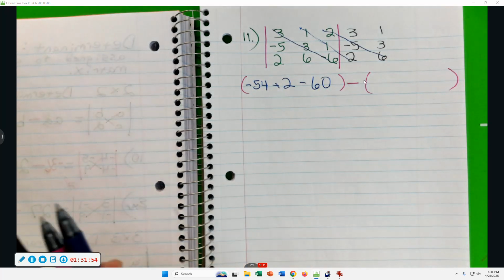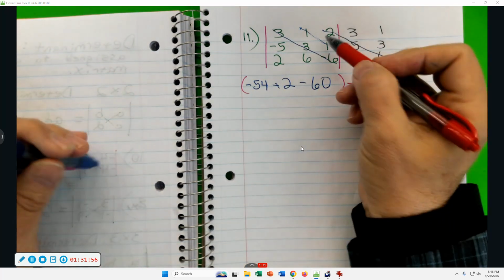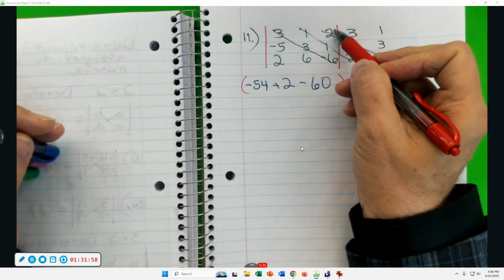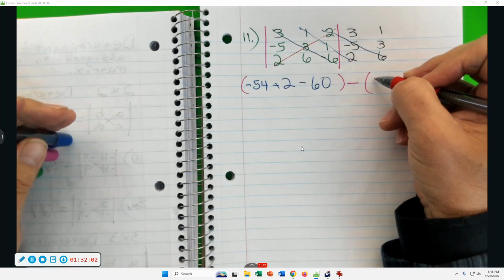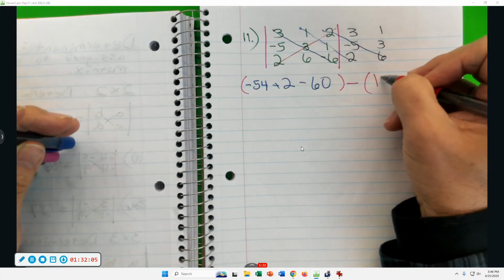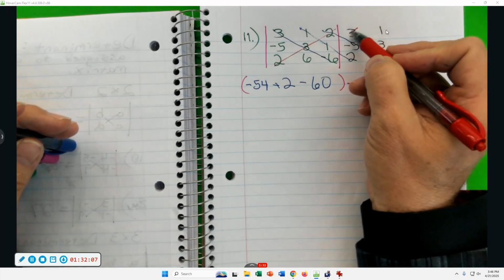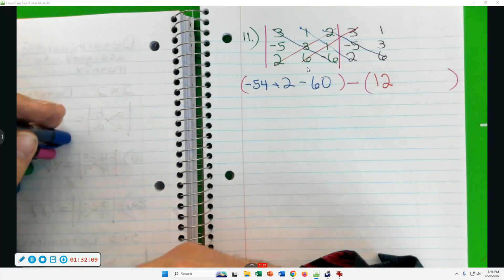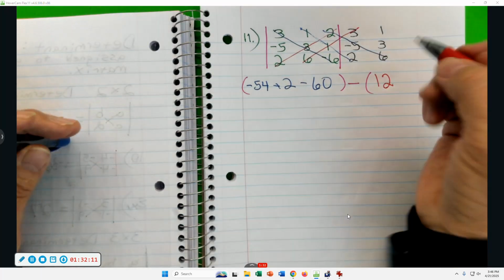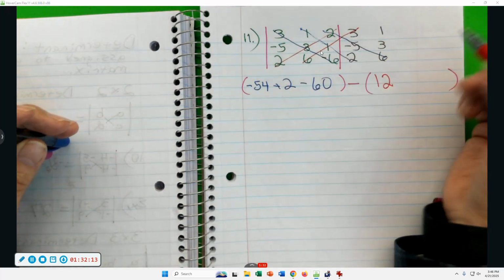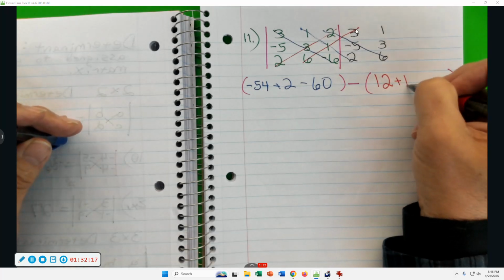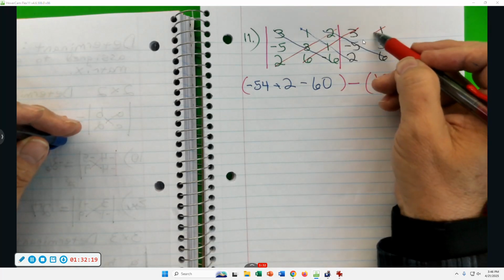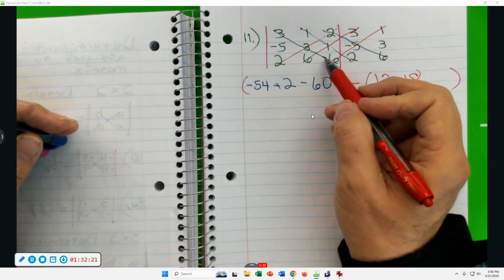Now we go in the opposite direction. We're still at this 2. 2 times 3 times 2 gives me 12. 3 times 1 times 6 gives me 18. Then 1 times -5 times -6.